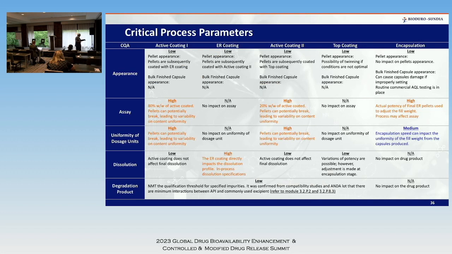We utilized, again, the QBD concept. So as you can see, you start from milligram, microgram levels of experiments all the way to metric tons. The same principles are going to apply. You have to do your risk assessment.